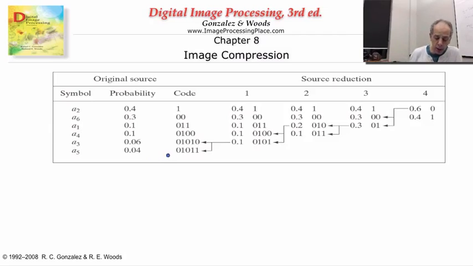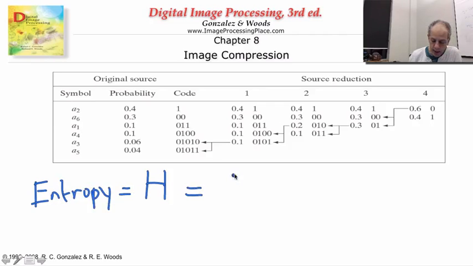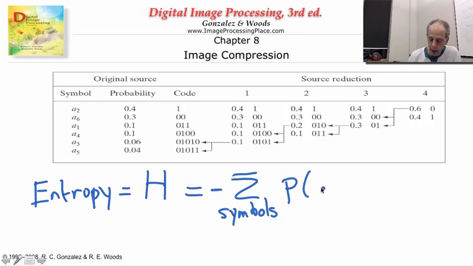And the way to do that is you compute what's called the entropy. And the entropy, which is written H, is the sum over all the symbols, with a minus here, I'm going to explain in a second, of the probability of every symbol times log base 2 of the probability of every symbol.